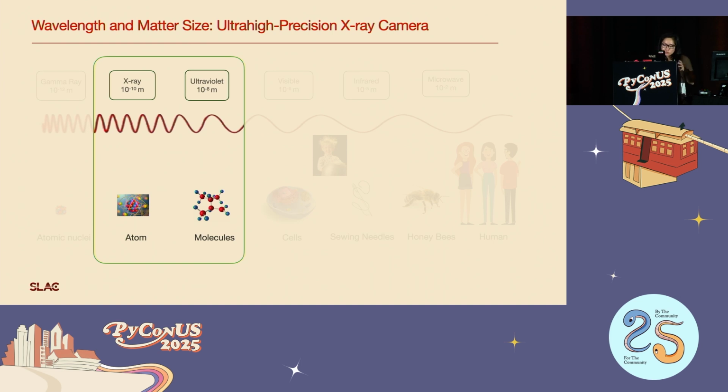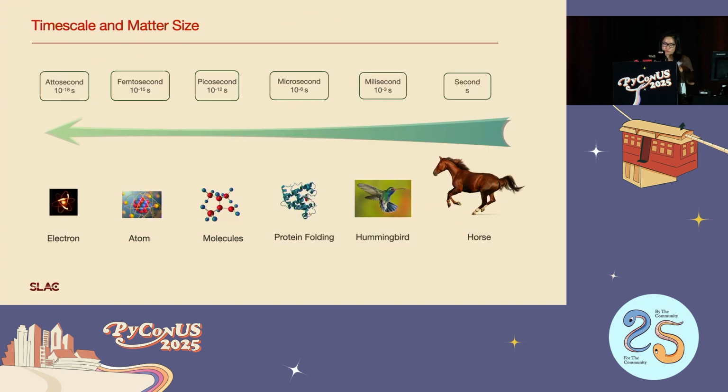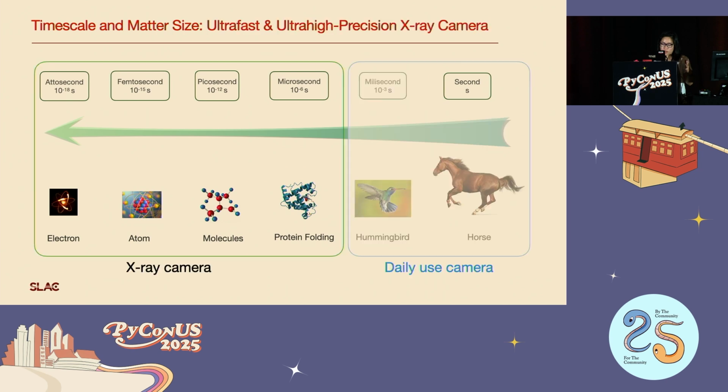What comes with the size of the objects is the speed at which they move. The smaller the object becomes, the faster it moves. Here on the right side is a horse. I'm sure a lot of us take pictures every day, and with your personal camera you can see how fast a horse is moving or how fast a bird is flying.